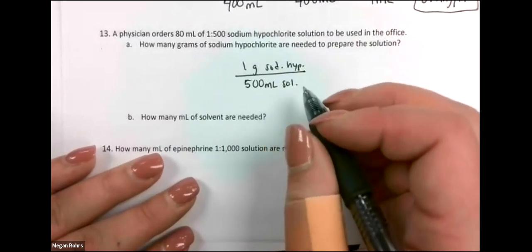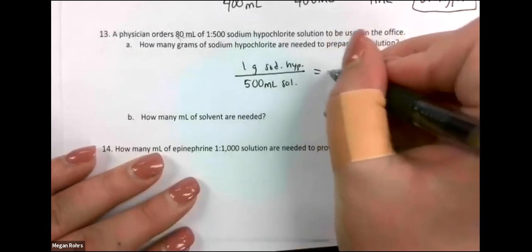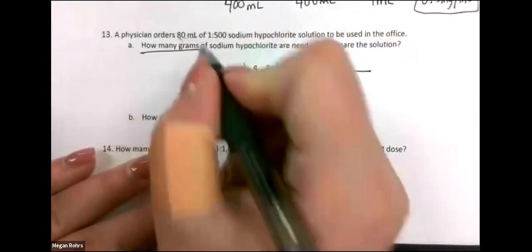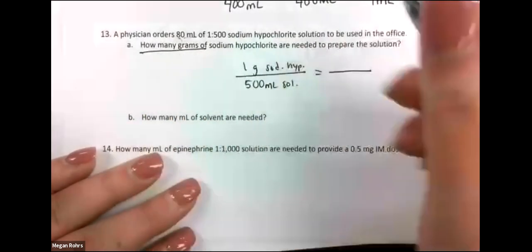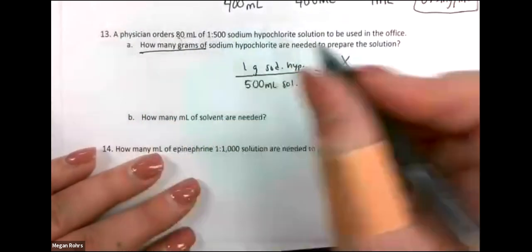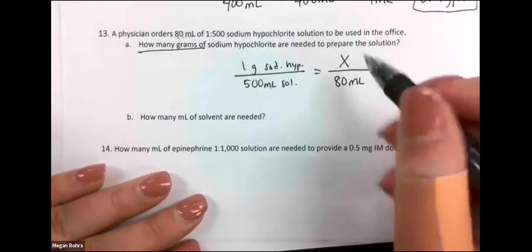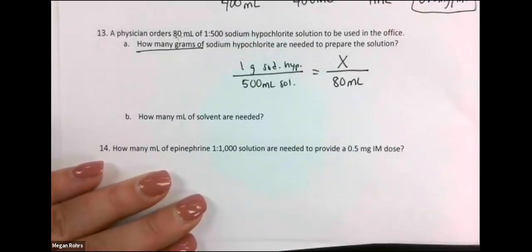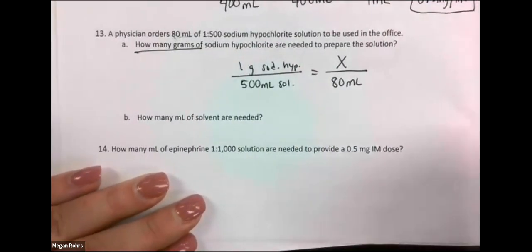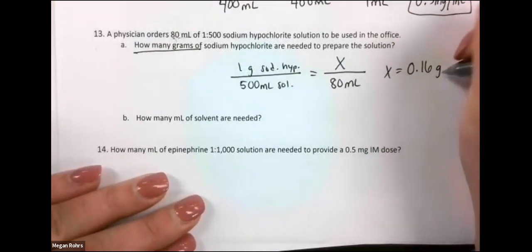And we know that we are preparing 80 mils, and we're looking for how many grams of sodium hypochlorite. So how many grams? Our X is going to go on top. We're needing to make 80 mils. So essentially, we're taking 80 divided by 500. X is 0.16 grams.